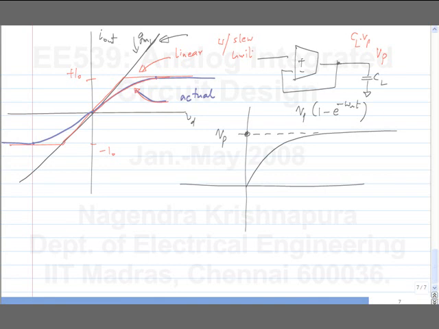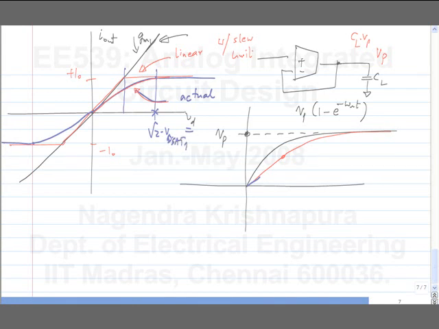So the linear one may do something of this sort. There is a clear demarcation between slewing and linear settling, because this limit occurs at a higher value of Vd, it slews for a shorter time. So this value we said was root 2 Vd sat 1.